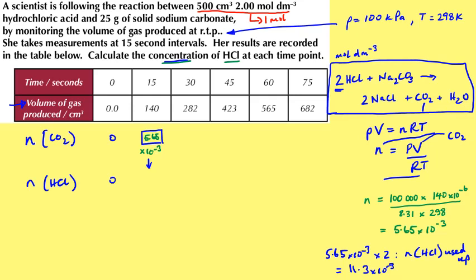We've used up 11.3 times 10 to the minus 3 moles in the first 15 seconds. And so the number of moles that we're interested in is 1 take 11.3 times 10 to the minus 3, and that equals 0.988 moles.